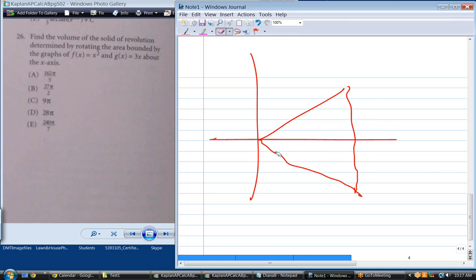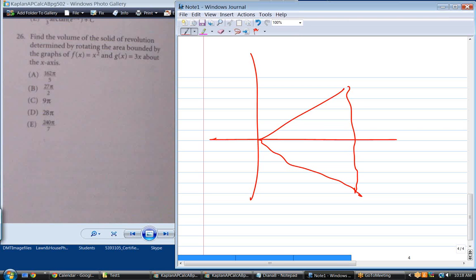I can use disks, and disks are always going to be perpendicular to my axis of integration. But I could make up this object also with cylindrical shells. The only difference is the cylindrical shells would be parallel to my axis of integration.